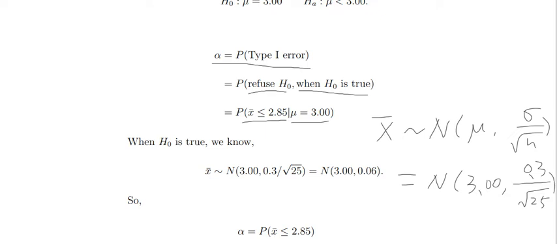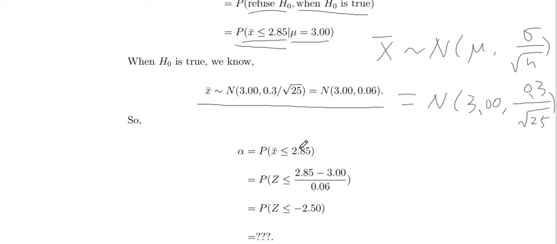Okay, so we know the exact distribution. The distribution of x bar follows a normal with mean 3.00 and standard deviation 0.06. Now we need to find the probability that x bar is less than 2.85. Such a problem becomes easy, right? We just need to find a probability about the normal distribution.